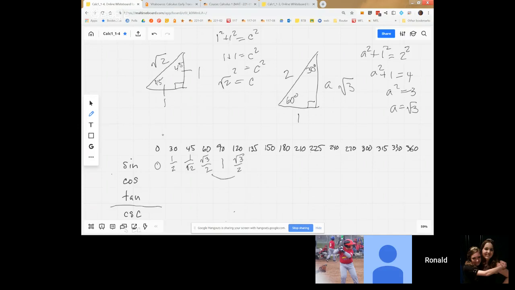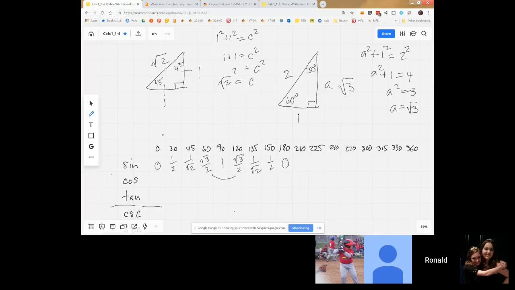Notice these two are identical. 135, that's 45 degrees from the nearest x-axis, so that's again the same as the sine of 45. 150 is a 30-degree angle. So you notice this has gone up and now it's gone down. And 180, we're back to 0 again.